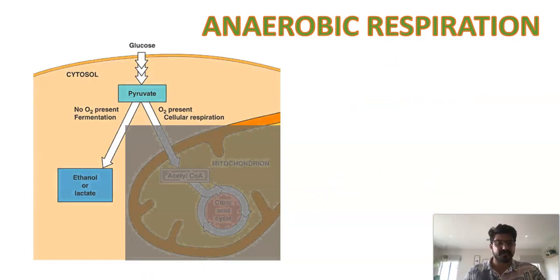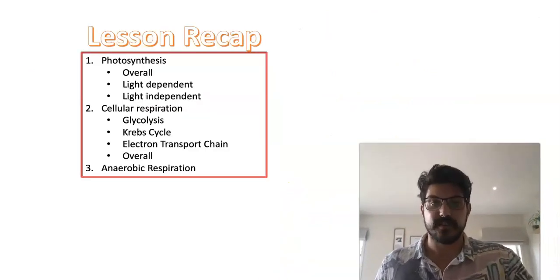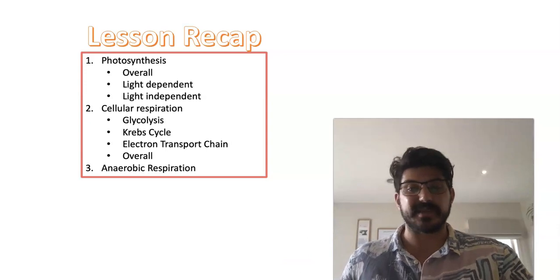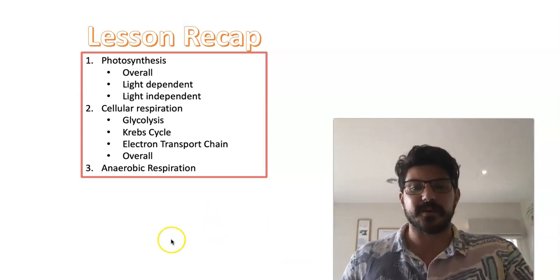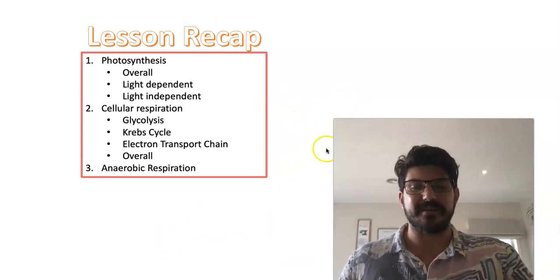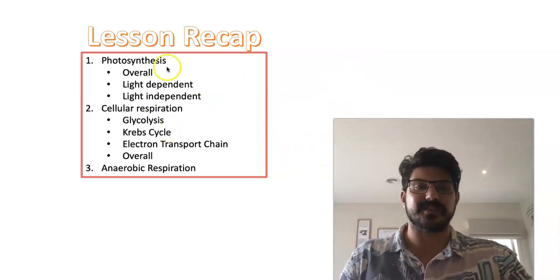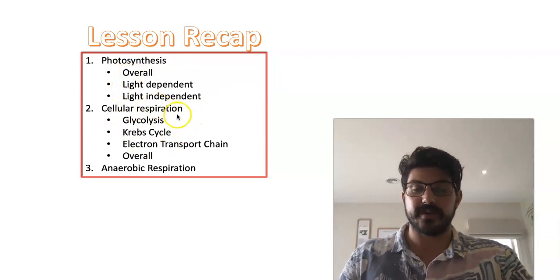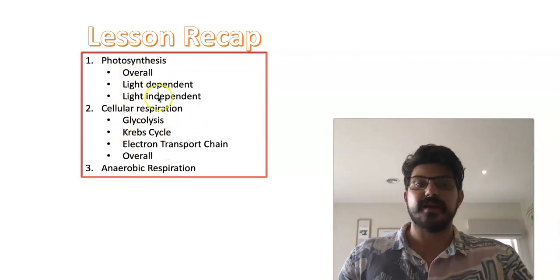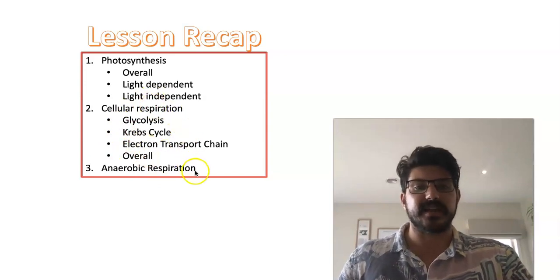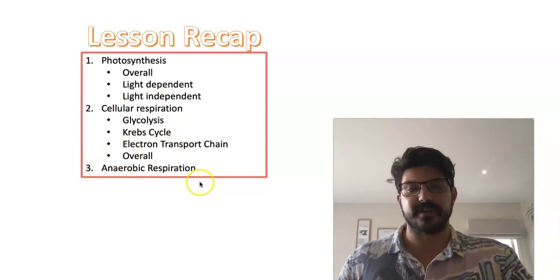So, like I said, this was meant to be a quick summary of both of the processes. You should start off with this lesson, to be completely honest. For future, I'm going to try and renumber my lessons so that this one comes first. But we went over all of photosynthesis in a very brief understanding. We went through cellular respiration pretty quickly, and then we also went through anaerobic respiration there at the end.